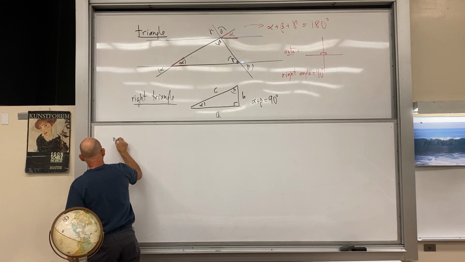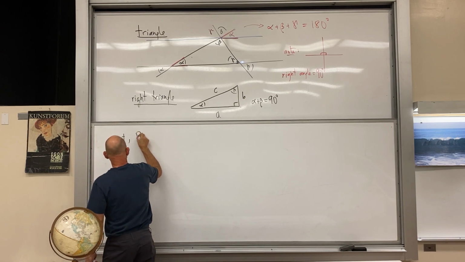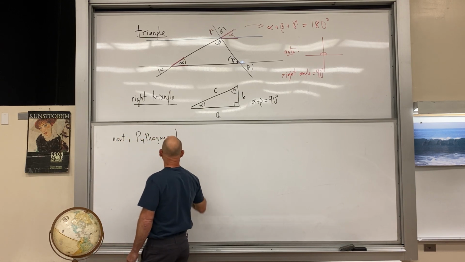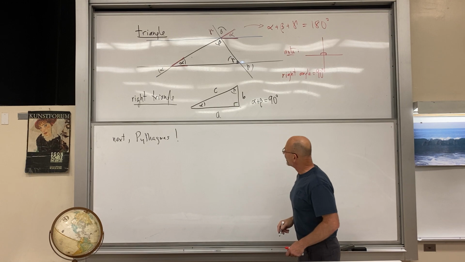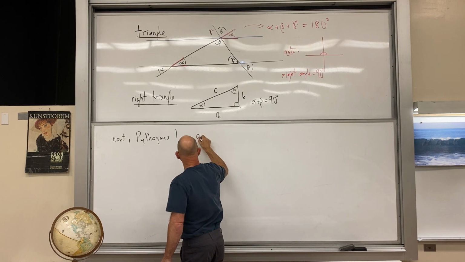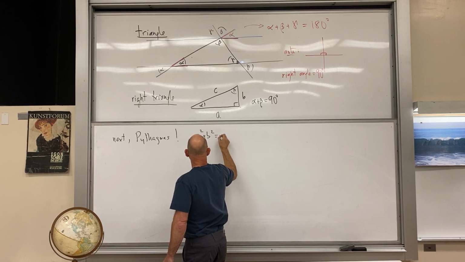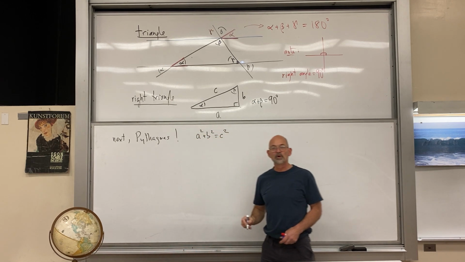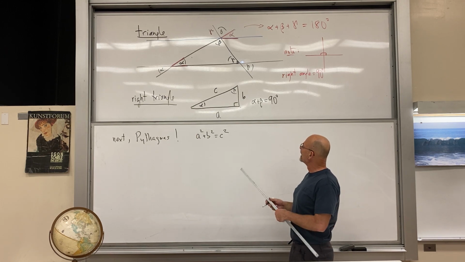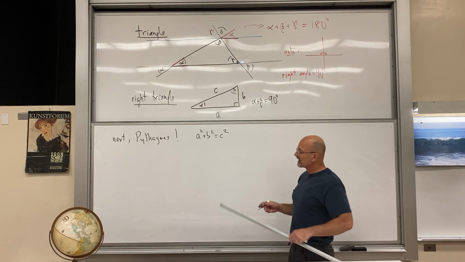So next, Pythagoras. And the construction, right, we're referring to this triangle, and we know from the sides, a squared plus b squared equals c squared. But we want to prove it. Proof is always fun. Yeah, let's go ahead and do it.